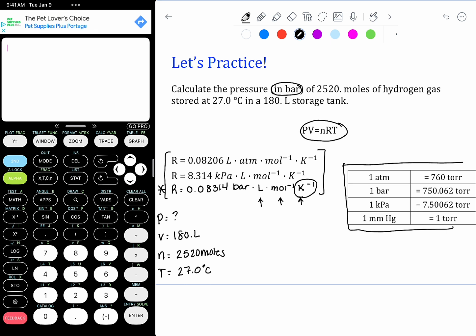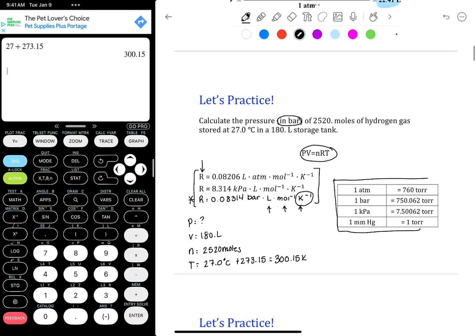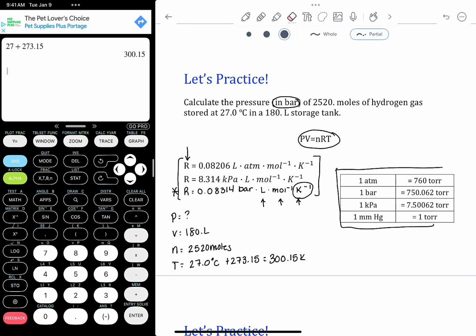In this case, R is our constant. So we're going to add 273.15 to our 27 to get our temperature in Kelvin, and we get 315 Kelvin. So let's use these variables and let's plug them into our PV equals nRT expression.